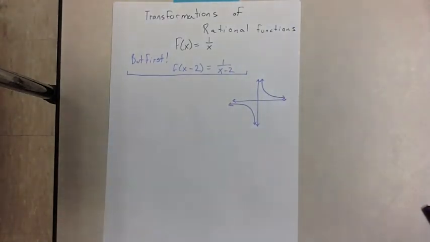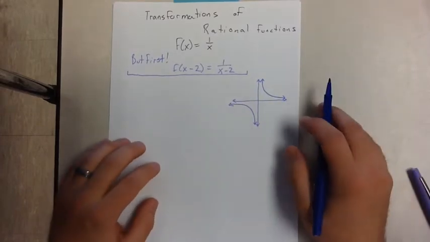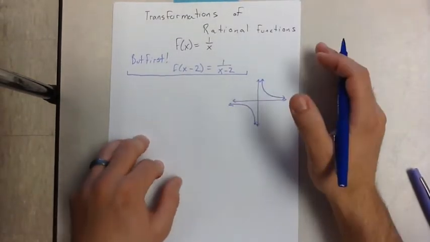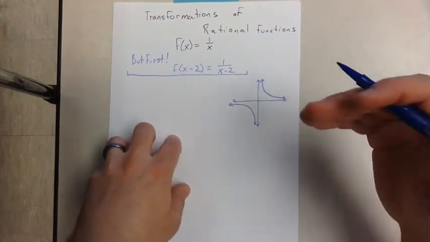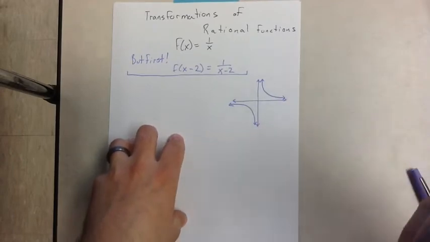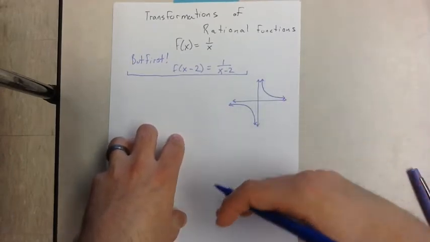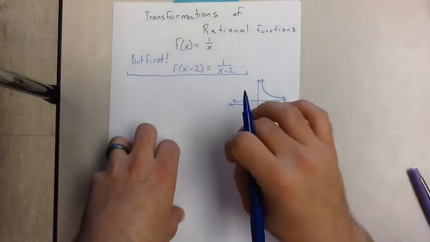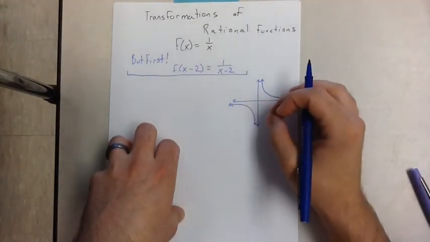So yes, we have a vertical and horizontal asymptote, but we're going to be taking this graph, shifting it, reflecting it, different ways. I want to begin by saying that all of this is very similar to how we transformed x squared, absolute value of x, natural log of x, square root of x, e to the power of x. All of those transformations and how we applied each of them is the same.